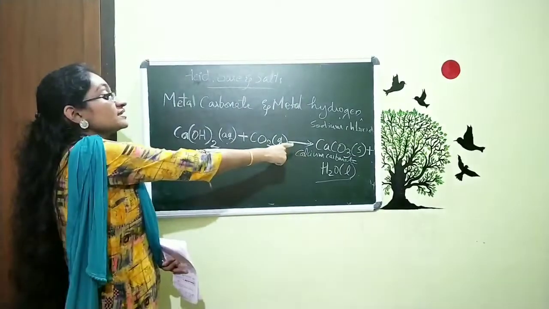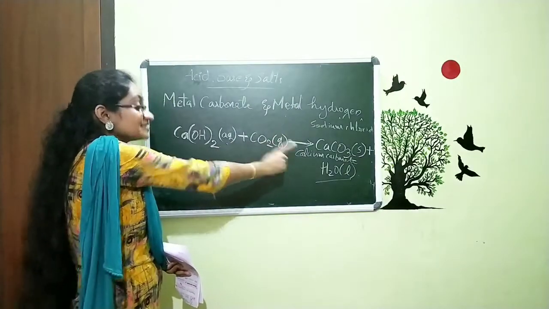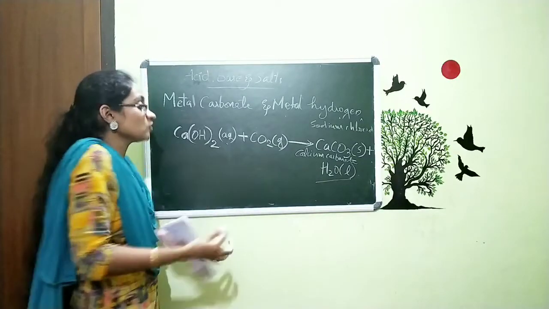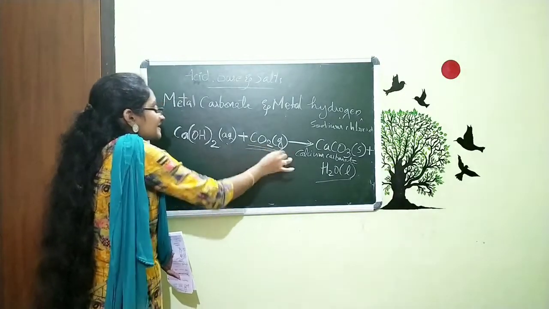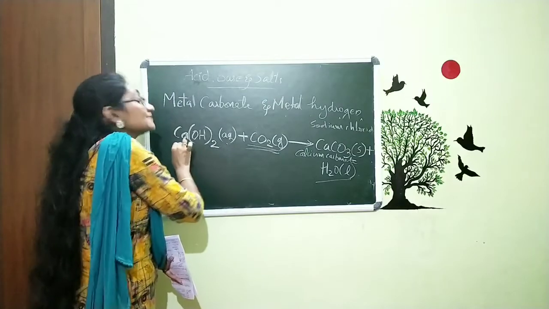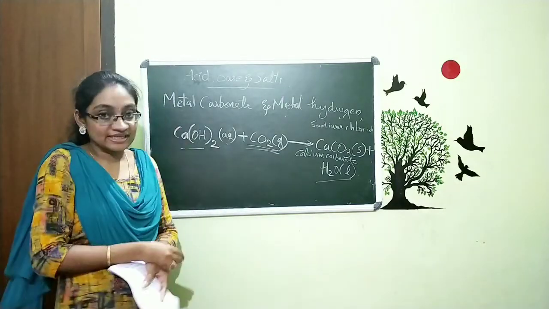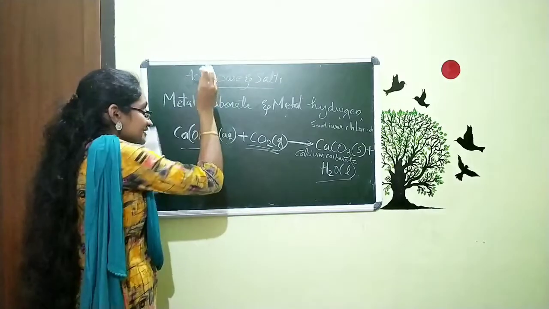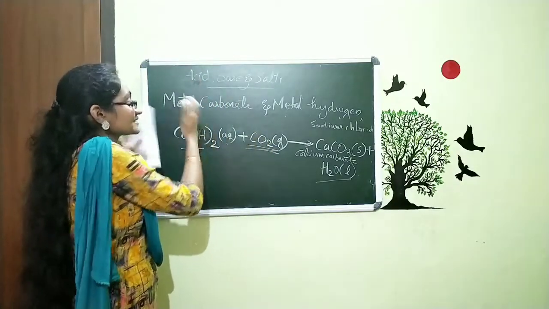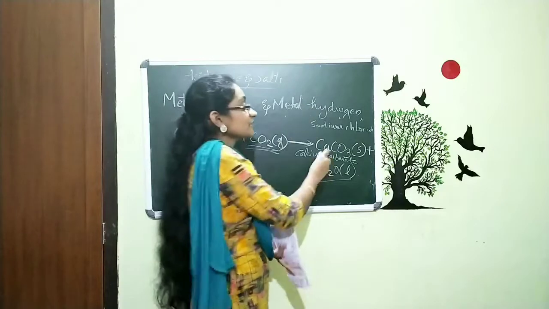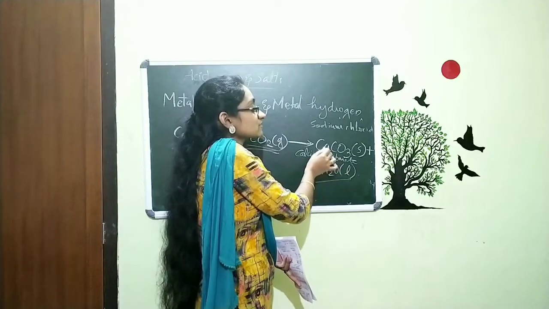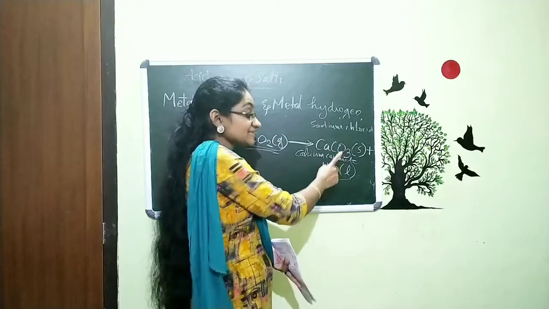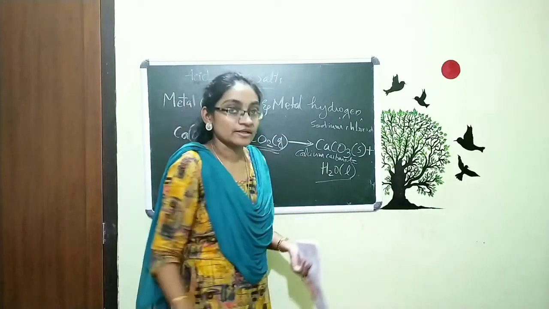This is the white precipitate that you can see in the beaker, which forms when this carbon dioxide reacts with calcium hydroxide. Calcium hydroxide means lime water. So when carbon dioxide reacts with calcium hydroxide, you get a white precipitate called calcium carbonate, CaCO3, in solid state, and also water.